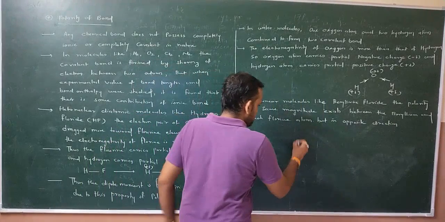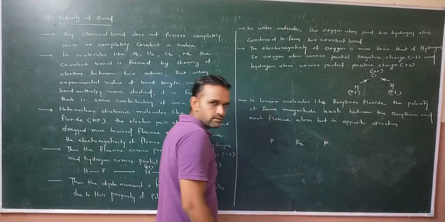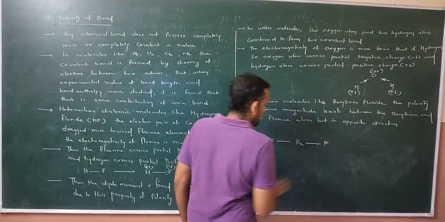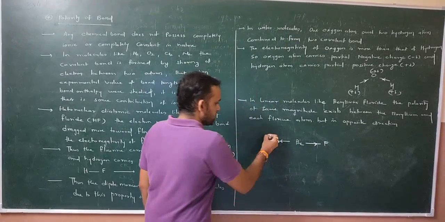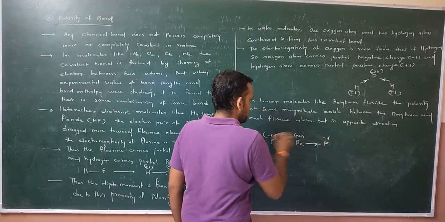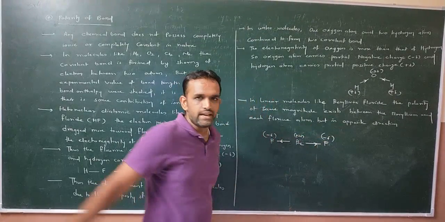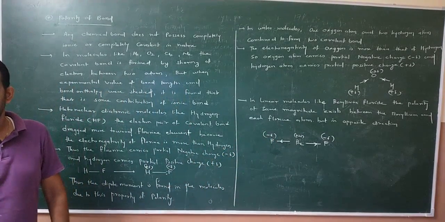Just like, see, here beryllium is there, here fluorine, and here also fluorine, right? Here there is a covalent bond, but the pull goes this way and that way. This carries a partial negative, and this is a positive, but both are in the opposite direction. So we can say that the dipole moment will be 0. So these things we have to know.